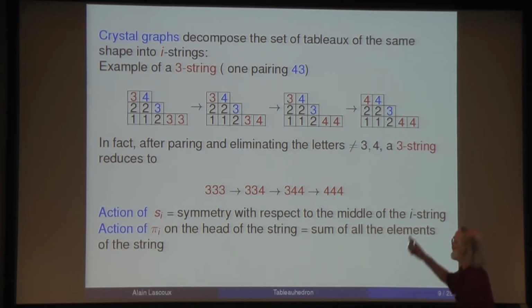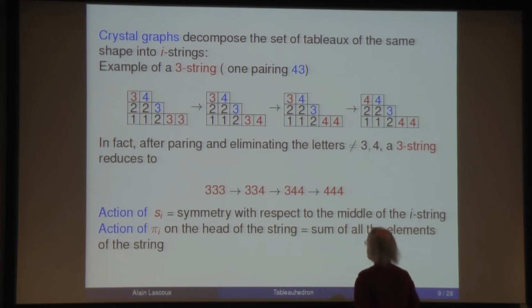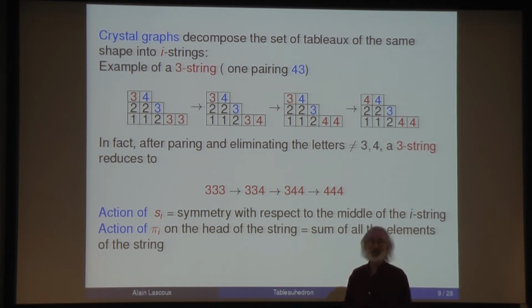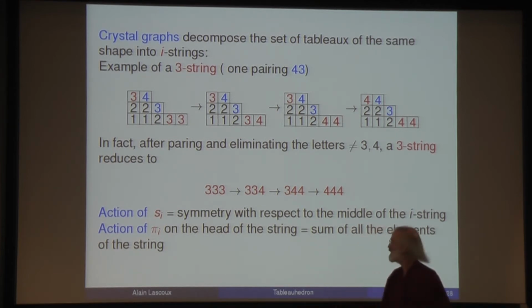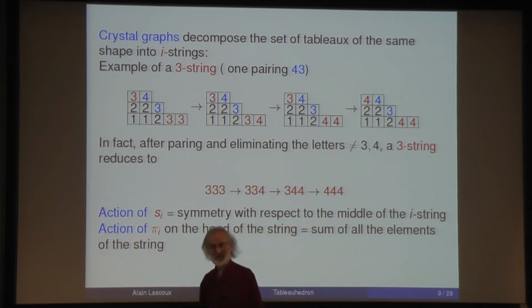What remains after the operation of suppression and pairing is just a sequence of 3 and 4, which is weakly increasing. So there is no difference between having 3, 3, 3, 3, 3, 4, 3, 4, 4, and 4, 4, 4, and having monomials x3 power 3, x3 power 2 x4, and so on.